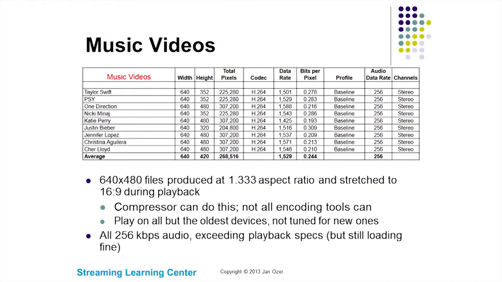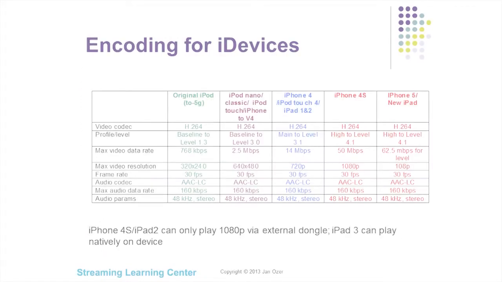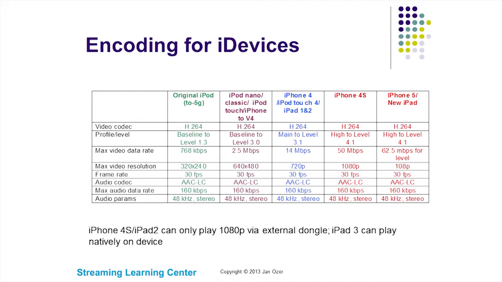The other thing that was interesting, I guess a couple things were interesting. Number one, if you look at the specs for the iDevices, and these are the specs from the Apple website, every device maxes out at 160 kilobits per second for audio transferred with video. Some of them have higher specs for audio files only.